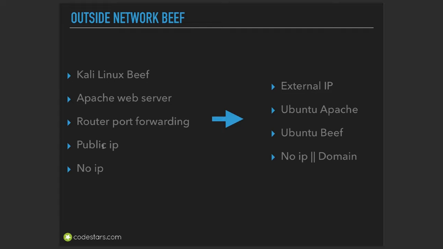So you would be using your public IP, and you would be using your own Kali Linux computer to host a website. Rather than that, we're going to use an external IP. We're going to use a cloud server in order to build our own website. And you can find a lot of tutorials regarding this first method online right now.